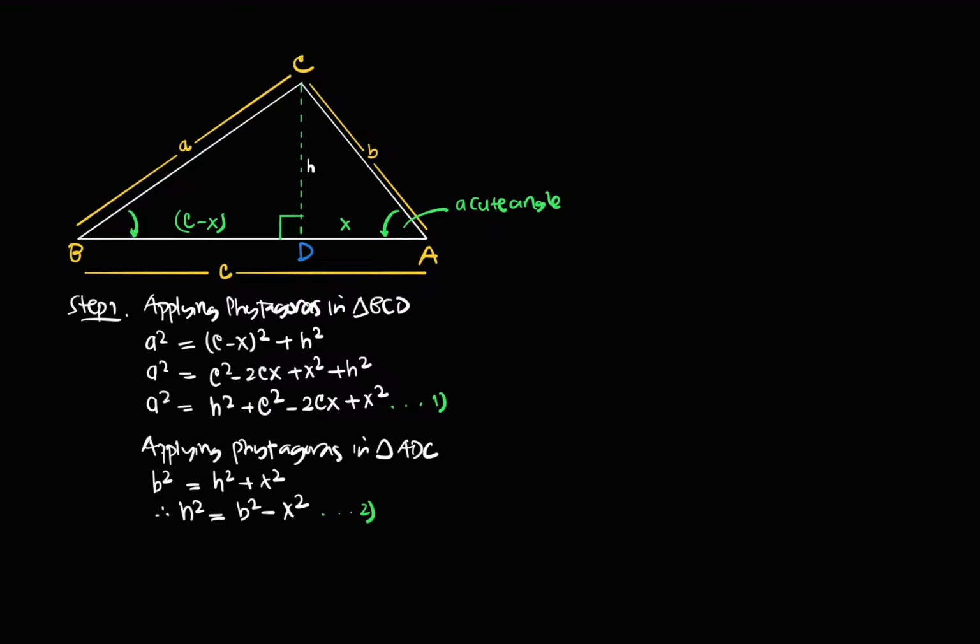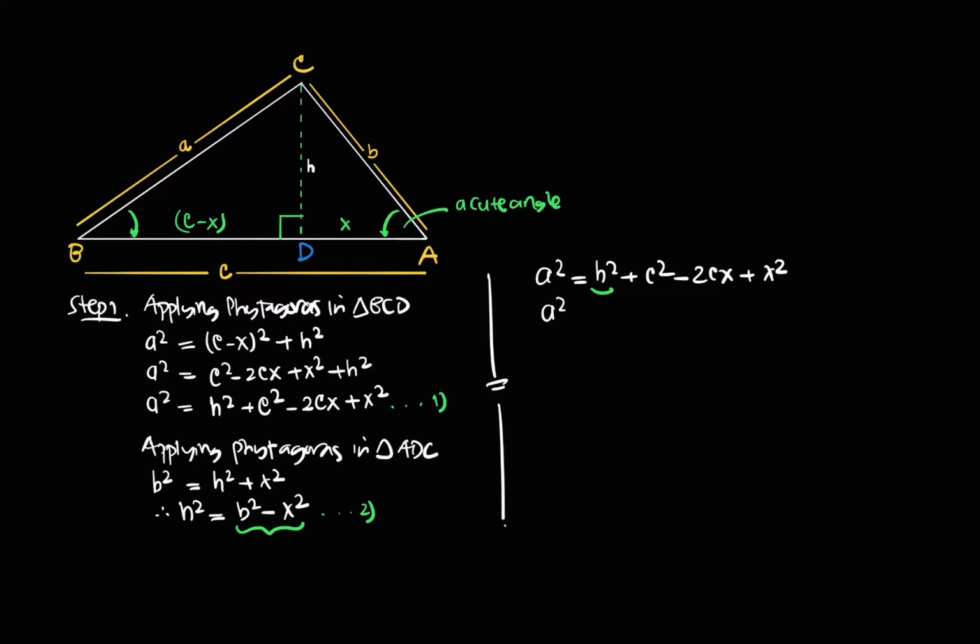Now we're trying to find the correlation of these two equations. We have a squared equals h squared plus c squared minus 2cx plus x squared, and then the other one is h squared. So we can substitute this value of h squared into this equation.